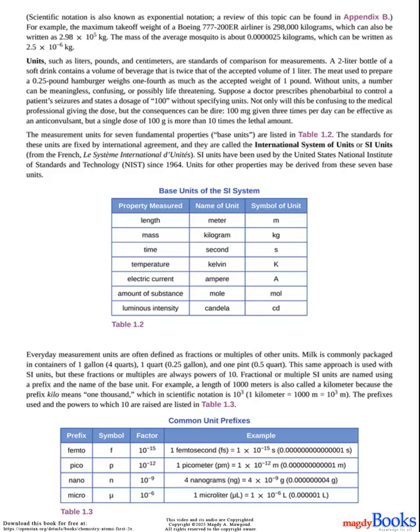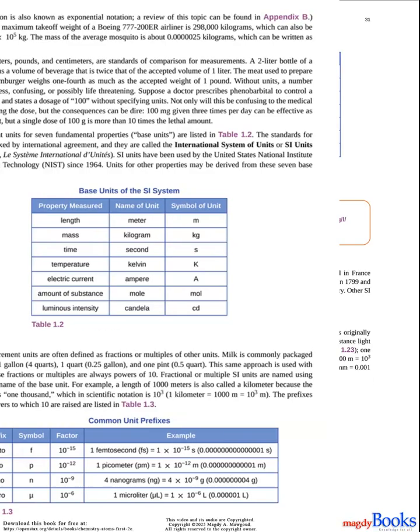Nano, n, 10 to the power of negative 9. 4 nanograms, ng, equals 4 multiplied by 10 to the power of negative 9 gram. 4. Micro, mu, 10 to the power of negative 6. 1 microliter, mu L, equals 1 multiplied by 10 to the power of negative 6 liter.